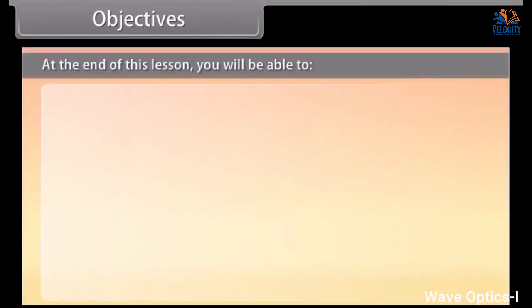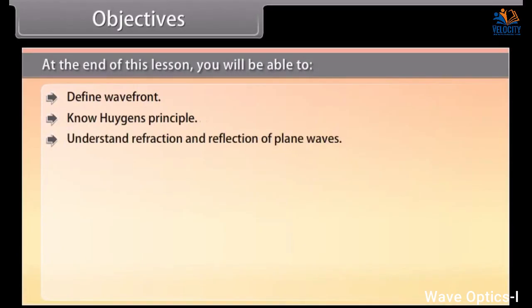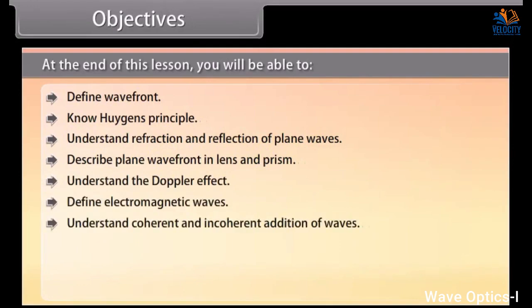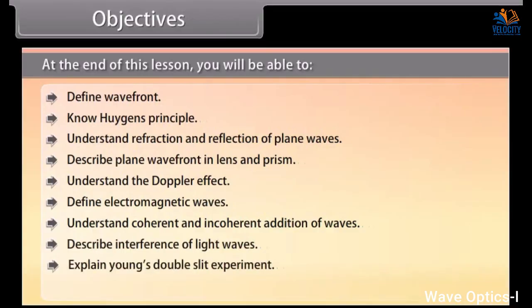At the end of this lesson, you will be able to define wave front, know Huygens Principle, understand refraction and reflection of plane waves, describe plane wave front in lens and prism, understand the Doppler effect, define electromagnetic waves, understand coherent and incoherent addition of waves, describe interference of light waves, explain Young's double-slit experiment, explain conditions for sustained interference.